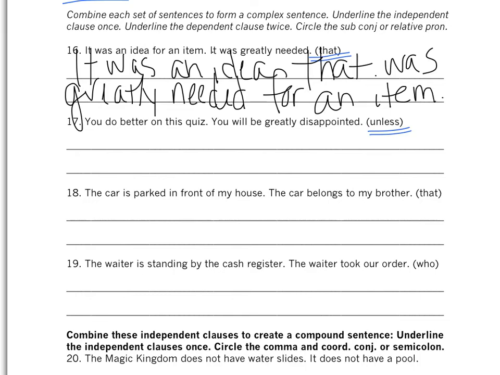Sorry, that's really messy, but you get the idea that this is a relative pronoun that starts off the dependent clause. That was greatly needed. And this stays an independent clause. It was an idea for an item, and we've created a complex sentence.